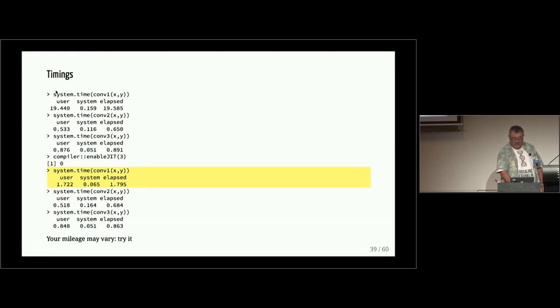So conv1, the slow one, takes about 20 seconds on this example. Conv2 takes about half a second, and conv3 takes a little bit longer. And again, on those times, I've seen versions of R in the past where 3 was faster than 2.